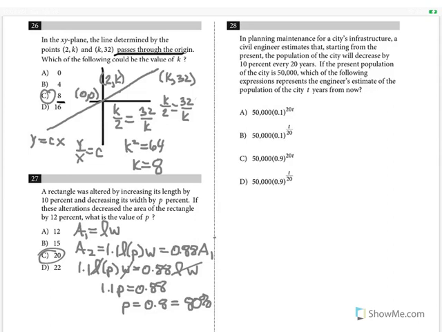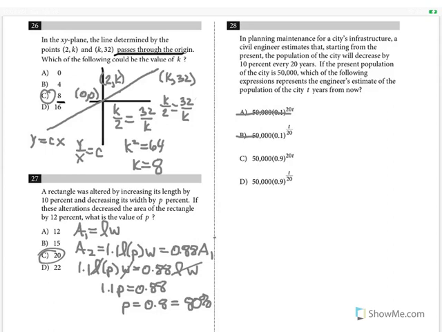So when we have an exponential equation with a decrease, that means the percent remaining is going to be our base. All right, so it will decrease by 10% every 20 years. So every 20 years, it's going to be 90% of what it was 20 years earlier.